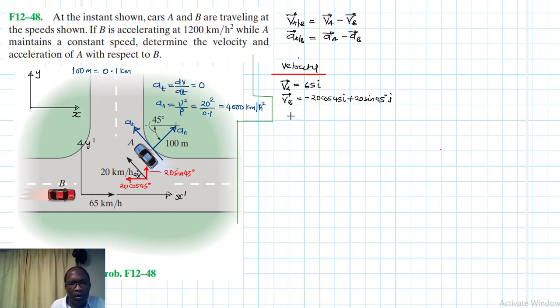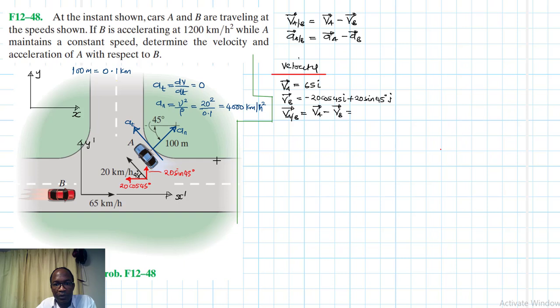Therefore, our VA stroke B, which is equal to VA minus VB, if we did the subtraction of vectors, which you can do. So we have VA is 65 minus minus 20, which becomes a plus 20 cos 45.